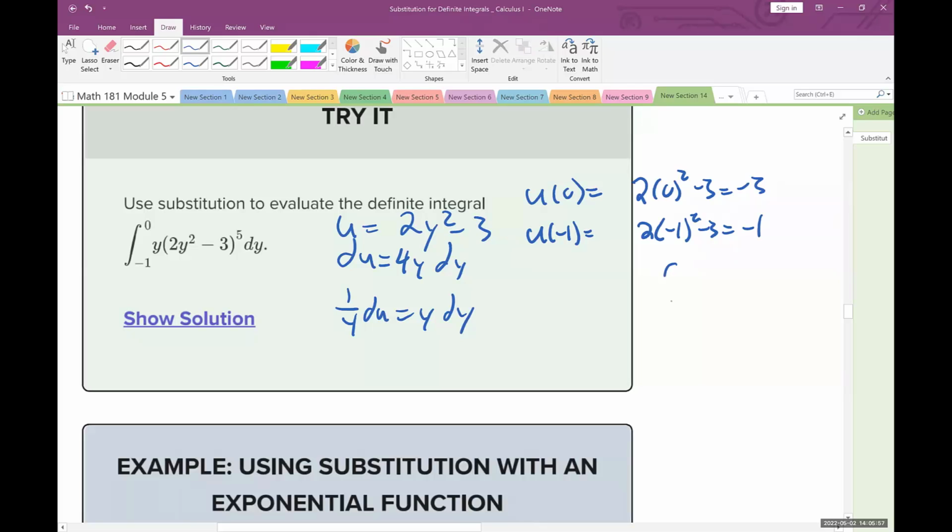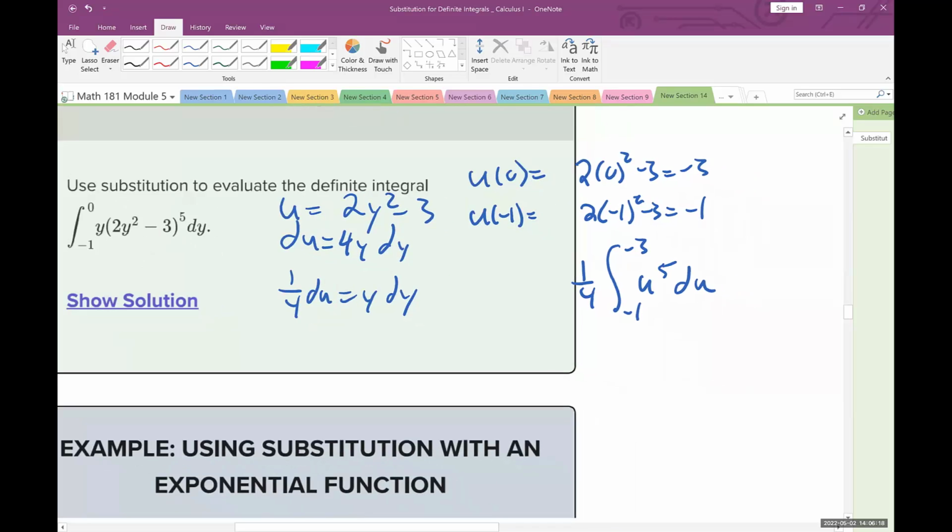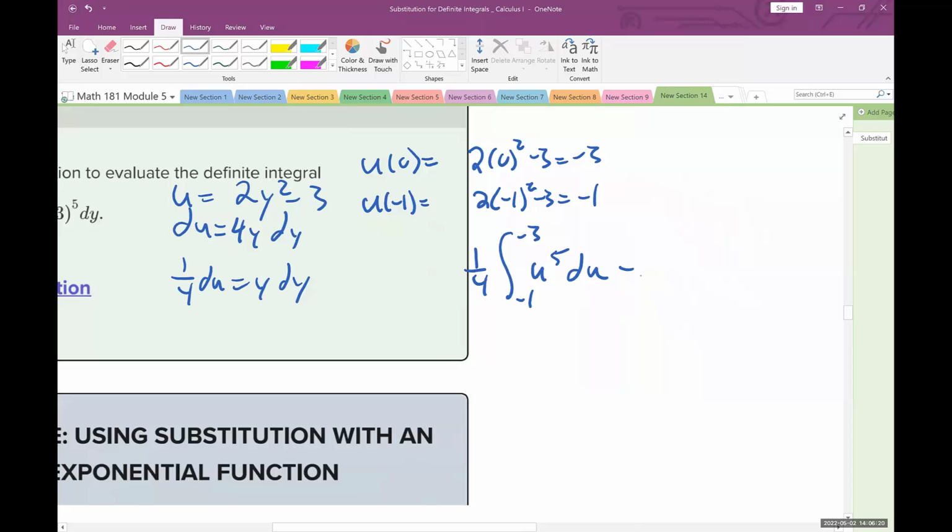So this becomes the integral from -1 to -3 of, I forgot the 1/4, 1/4 of u to the 5th power. What's the antiderivative of u to the 5th?